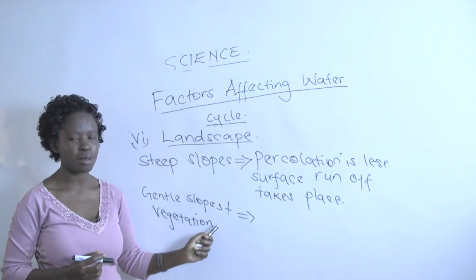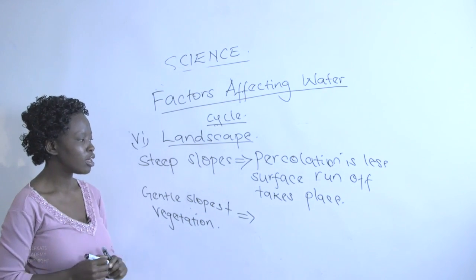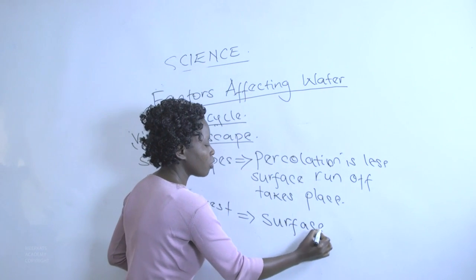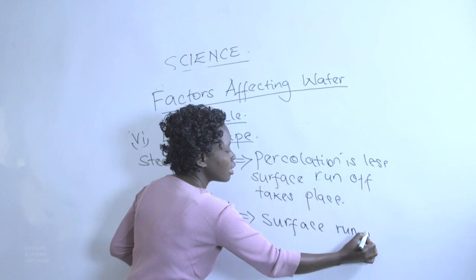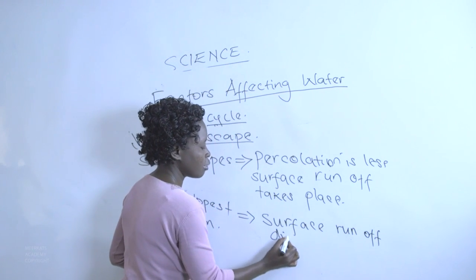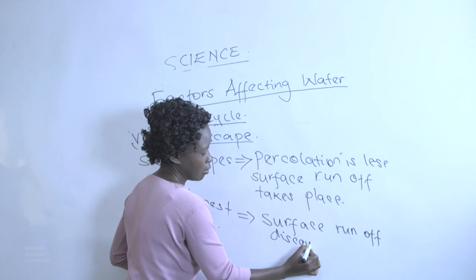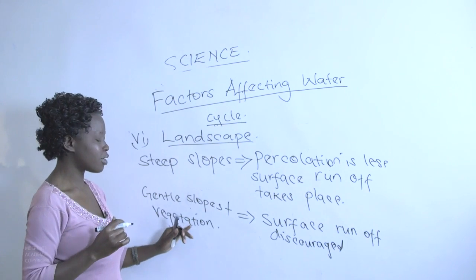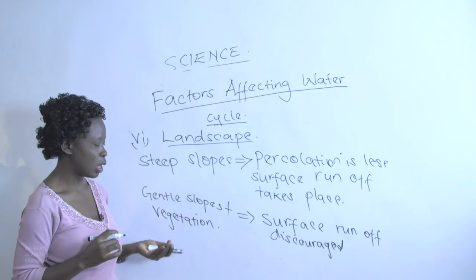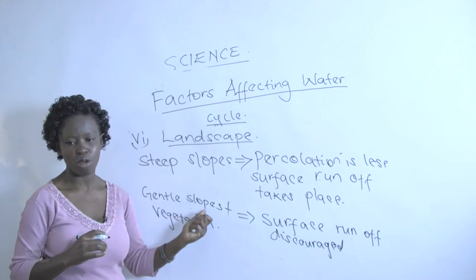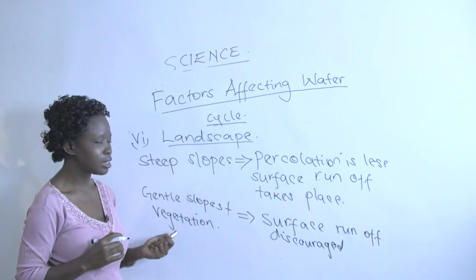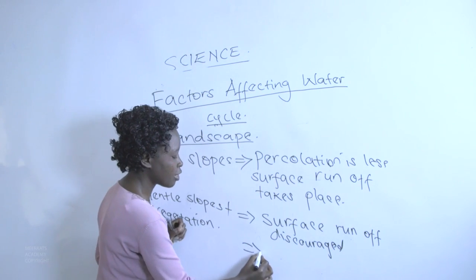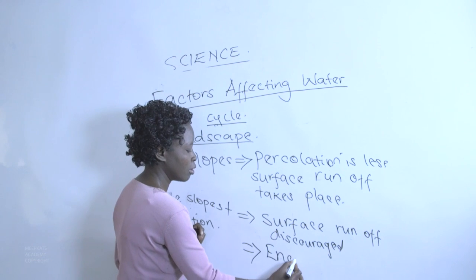Water falling on it will not undertake the surface runoff process, or surface runoff is discouraged in this case. But we are having vegetation that will hold the water for a long time, and the gentle slope encourages the percolation process.